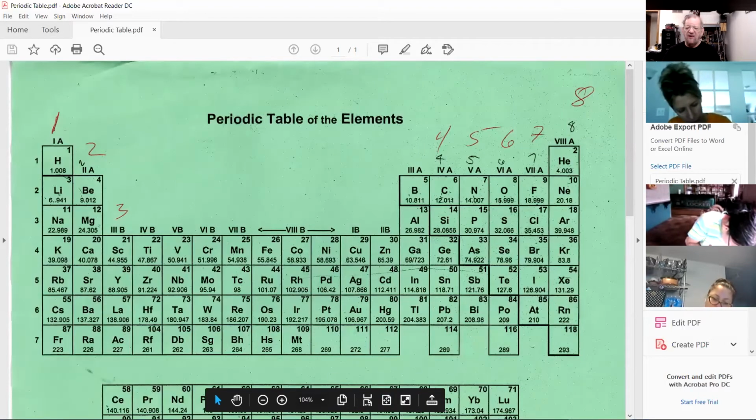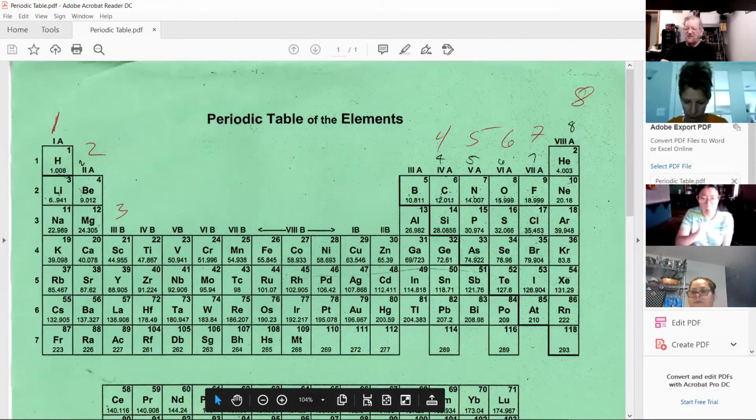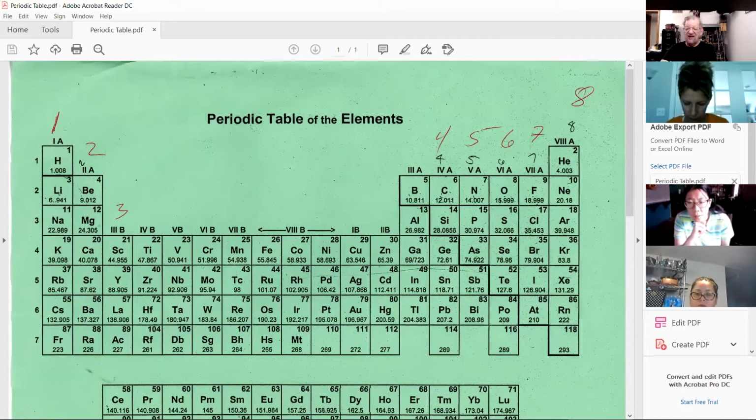Is that better now? Can everybody see the table better? This way you don't have to get your magnifying glass out.